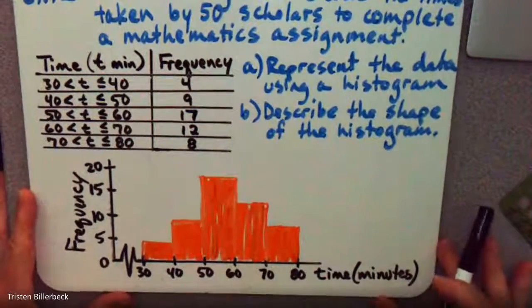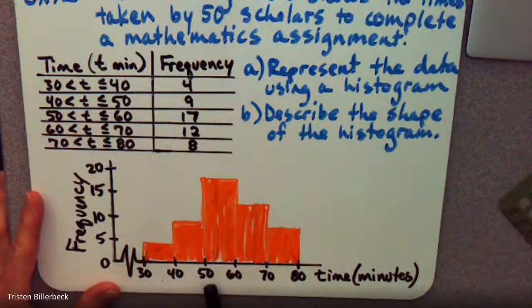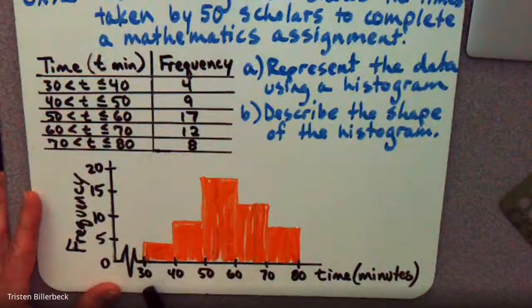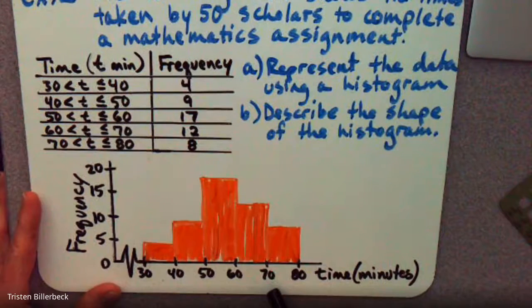So we have most of our scholars finishing between 50 and 60 minutes, and a few of them were very quick to finish. Might not be completely done, but they finished quickly. So between 30 and 40 minutes, and then some scholars took a very long time, between 70 and 80 minutes to finish the math assignment.